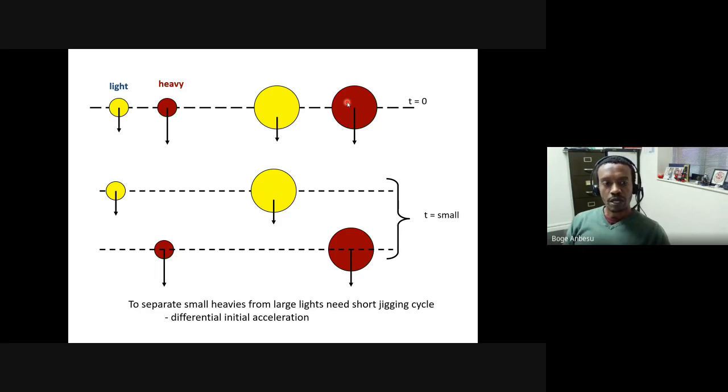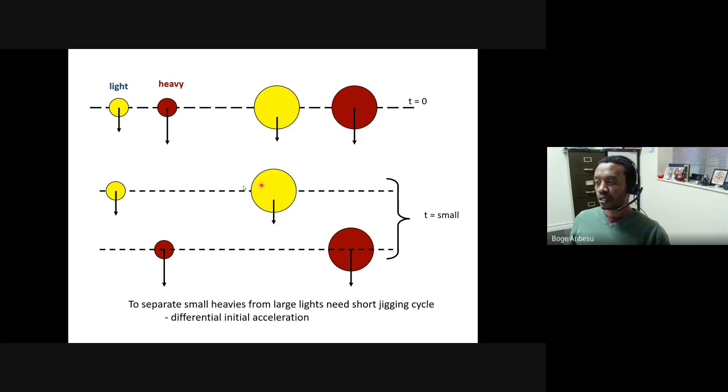What I was saying is, when you apply small, short but faster strokes in the jigging, acceleration becomes more important. So in this case, density is what we're exploiting. Particles fall according to density in a short jigging cycle, which means small dense and large dense fall at the same rate, because mainly what is in effect here is density.